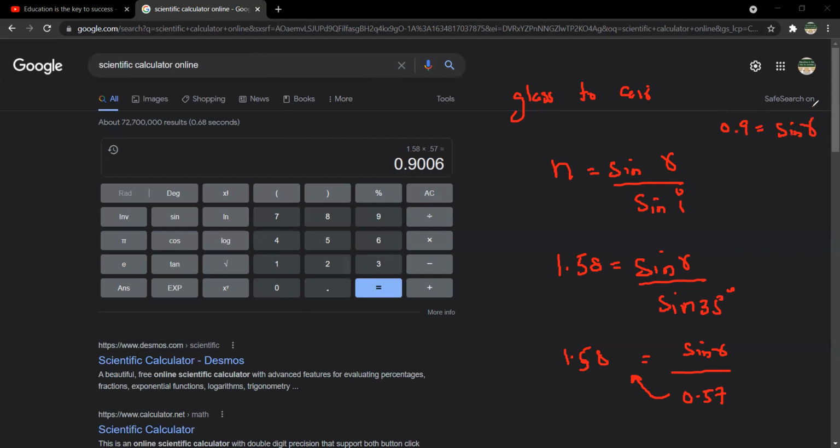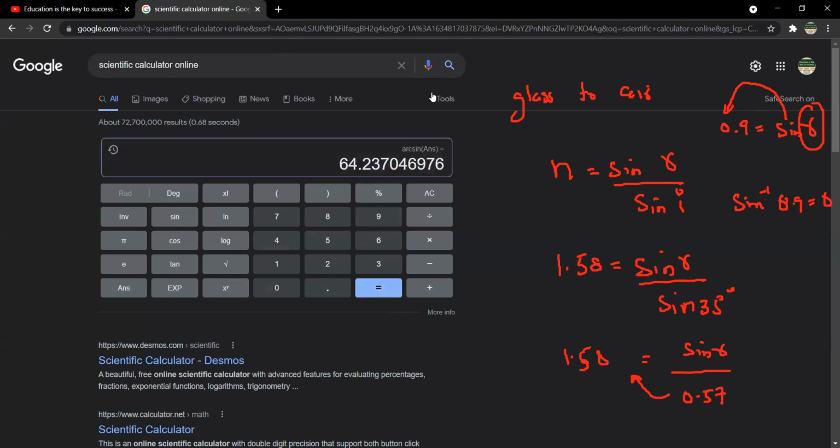But we need r, we need the angle. So this sine will move to the other side. Whenever sine moves to the other side, it becomes sine inverse 0.9. So sine inverse 0.9 will be equal to r. On your calculator, you will use shift or invert, sine inverse, and the last answer.